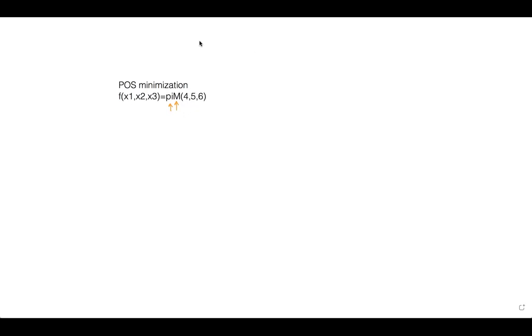Notice there's 3 variables here. So what we're going to do for a K-map is draw it out. So let's have our 1, 2, and 3, and 4. And then here I'm going to have my 3rd variable. And so what's going to happen here is we're going to have x1, x2, and then down here I'm going to have x3, and here I'm going to have 0, 1, 0, 0, 0, 1, 1, 1, and 0.